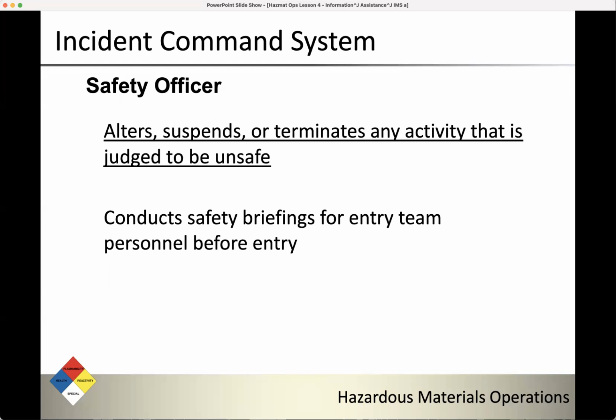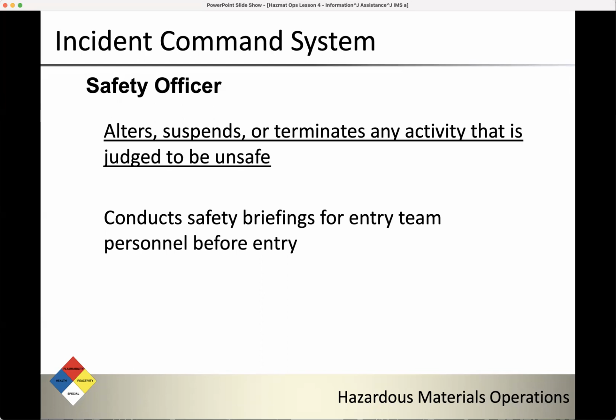So there's two people. Okay, now I'm going to take that back. We used to teach that there's two people who can put a halt to emergency response. That's the incident commander or the safety officer. That's no longer the case. Anyone can speak up and say, this isn't safe, let's come up with a new plan.